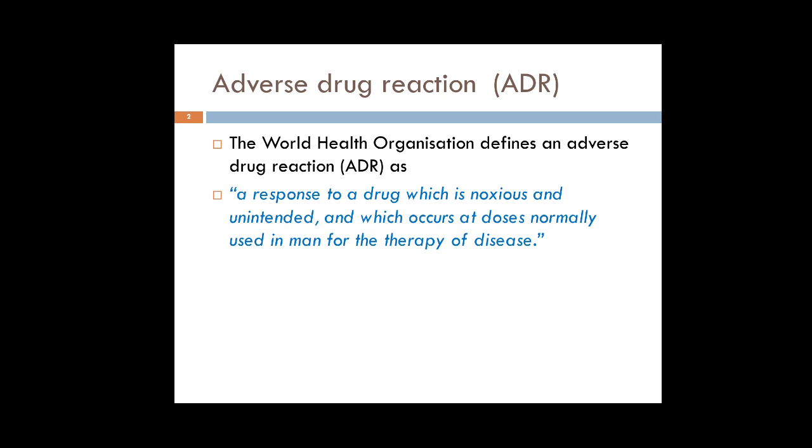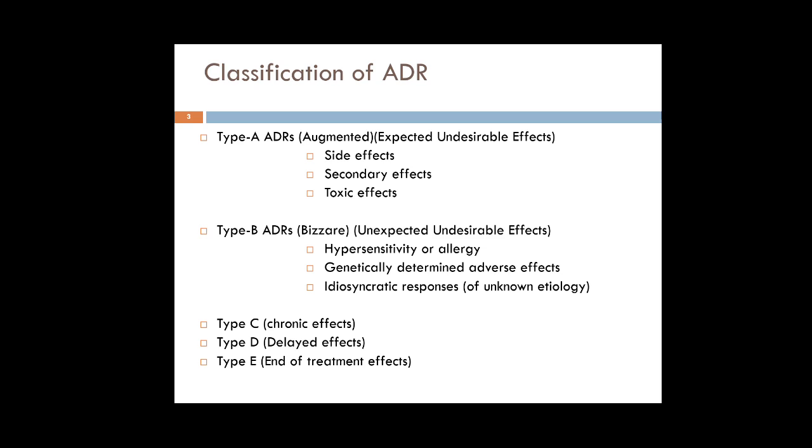It is to the doses of the drug which is used in a normal range, that is a normal dose used in a particular individual, which is used for the treatment of a particular disease. So in such cases, if such reactions are observed, then it is called adverse drug reaction.